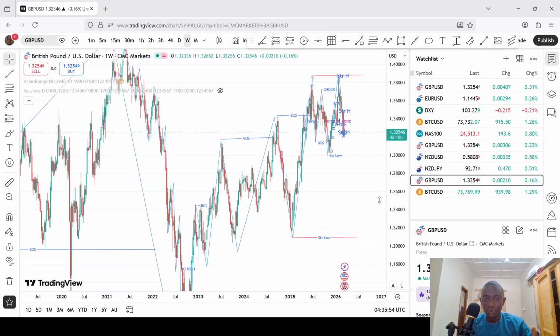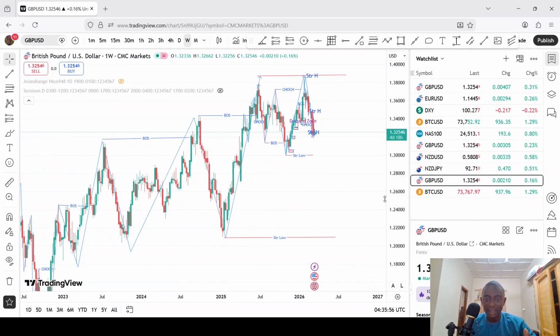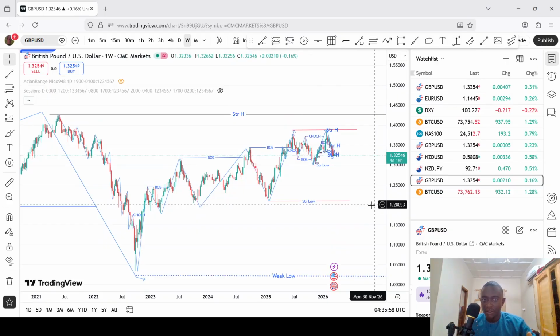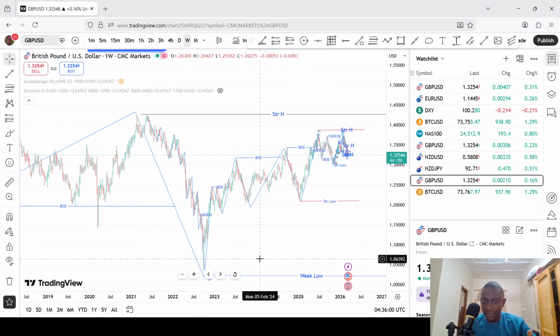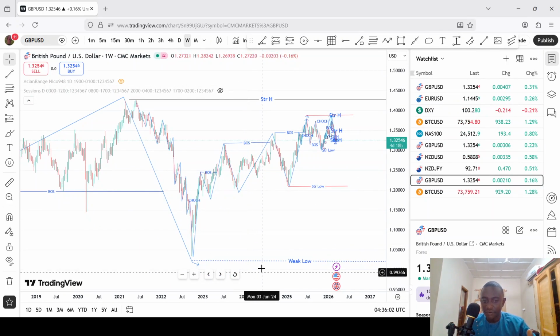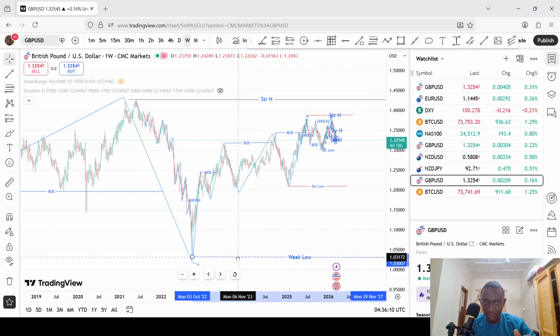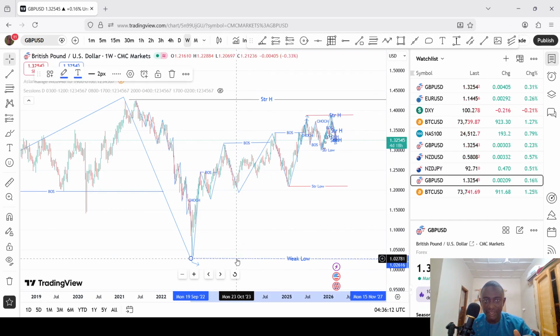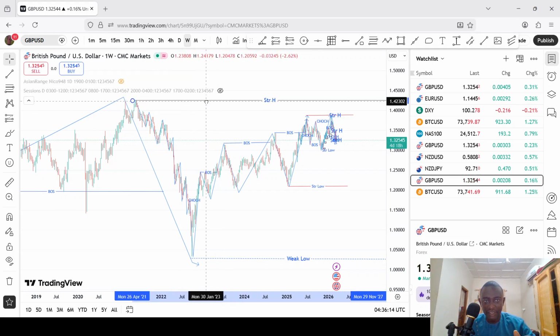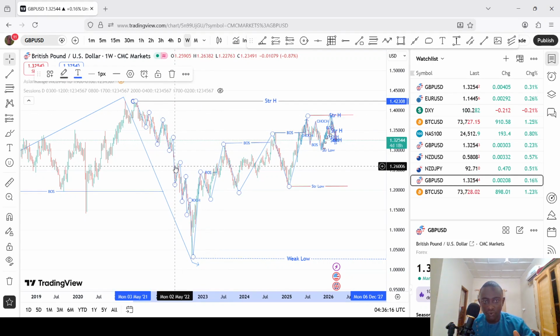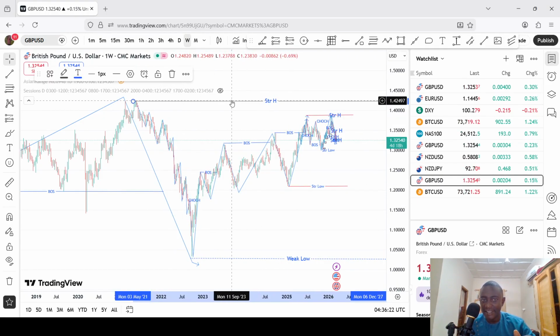Okay, so which means from the monthly perspective, we are considering this part and this part, right? Between this zone. Let me bring this one here and this one here. And I want to delete the swing points because you already know that price is moving like this, just targeting this high.